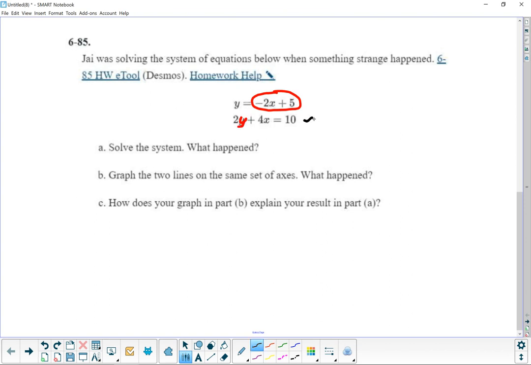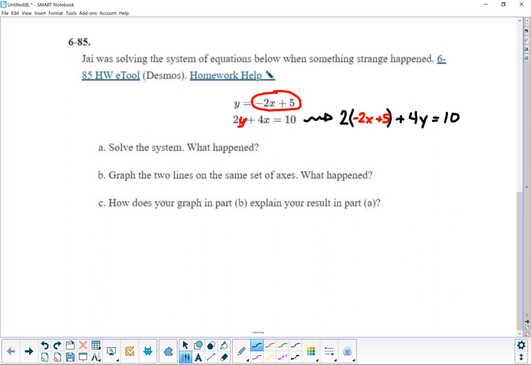Okay, so I'm going to go ahead and copy that down. So this will be 2, and then instead of y, I'm going to write in negative 2x plus 5. And then copy the rest: plus 4y equals 10.